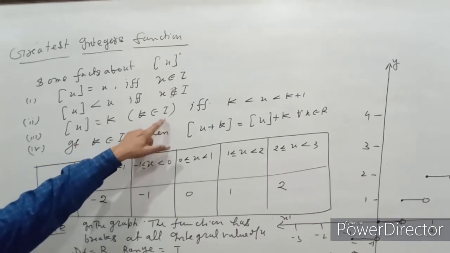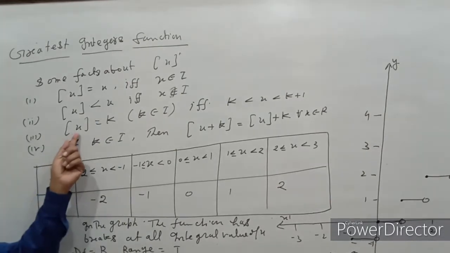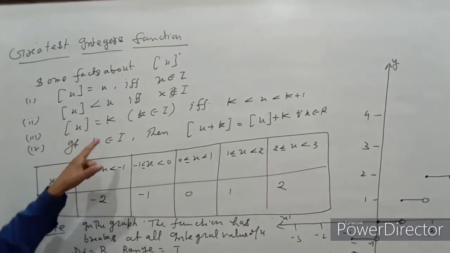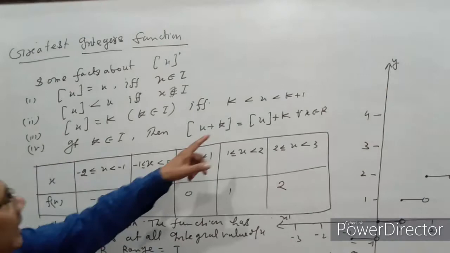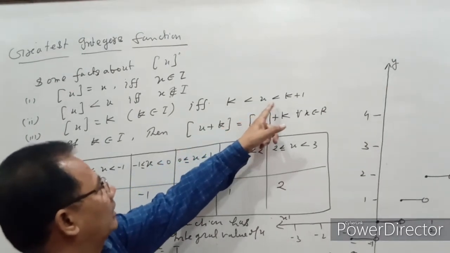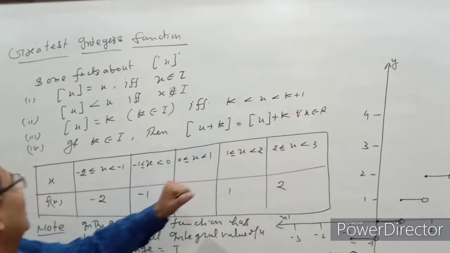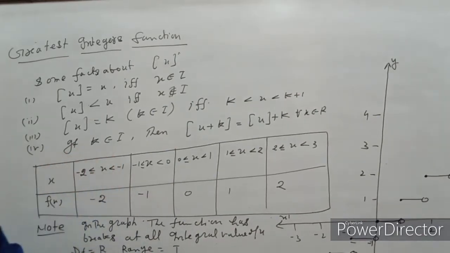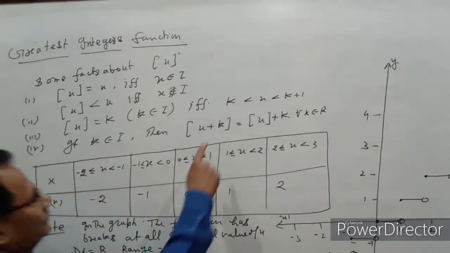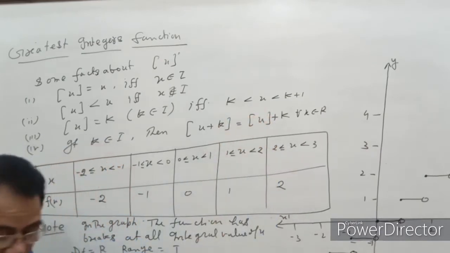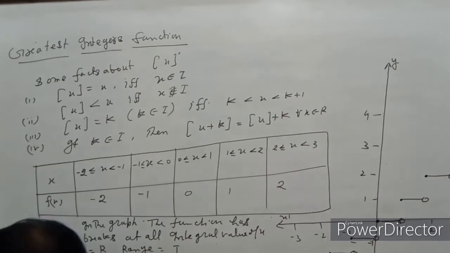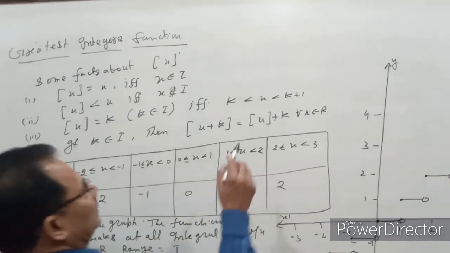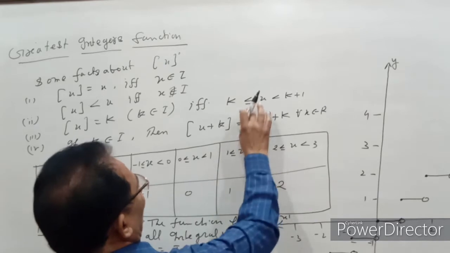यानी कि for example if we take the value of x, suppose हमने 10 लिया, then the value is 10. If the value of x lies between k and k plus 1, that is also equal.